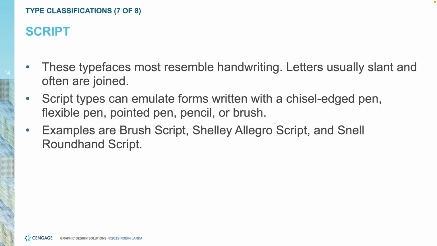Script. In here, these are the ones that mostly resemble handwriting. So we typically have an angled axis of stress. If we're going to draw a line through our strokes, it's most likely going to have a slant to that. Most of our characters in this case are designed to be joined.